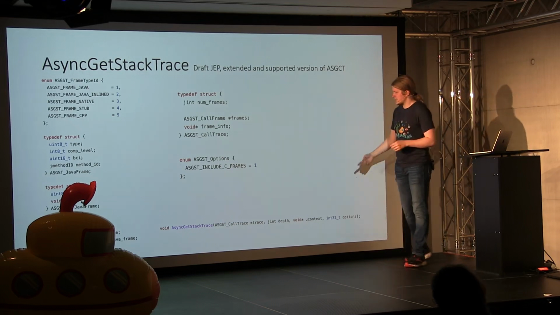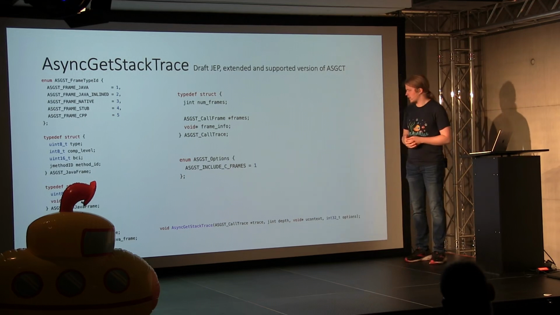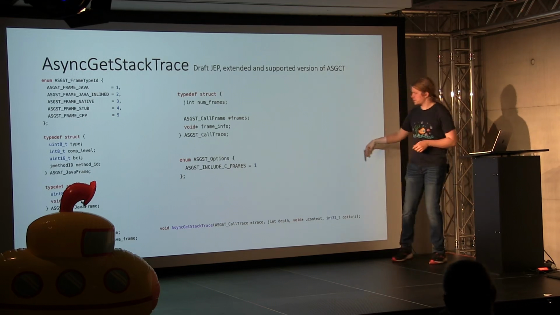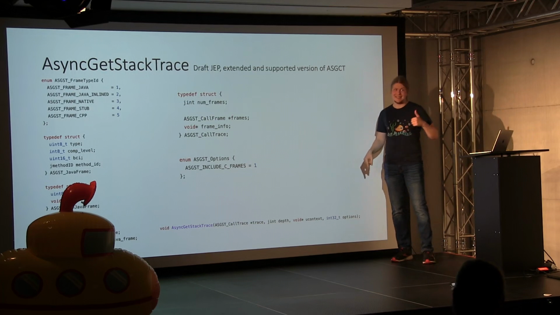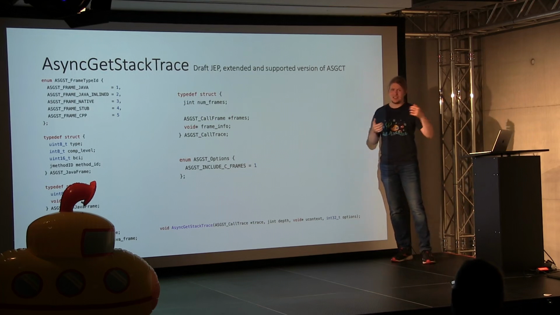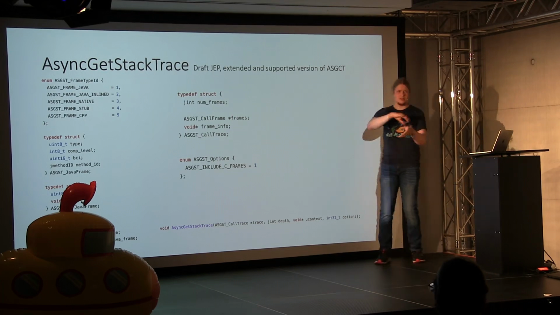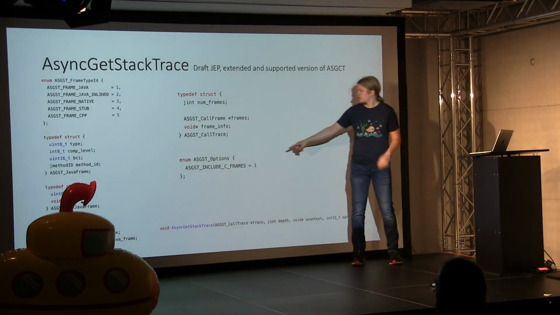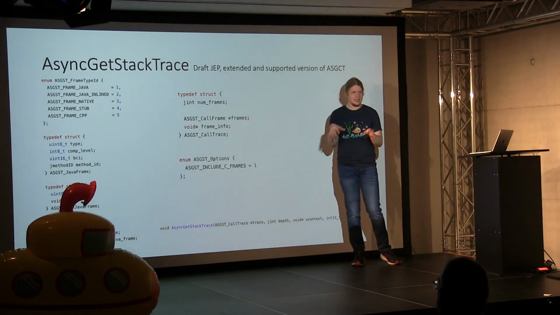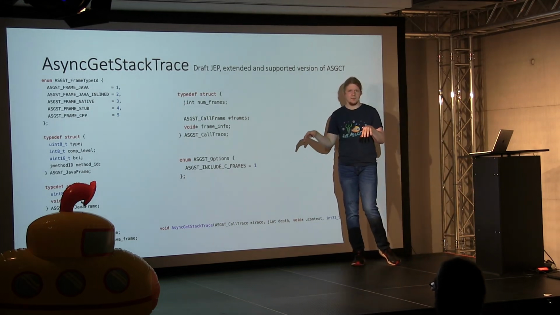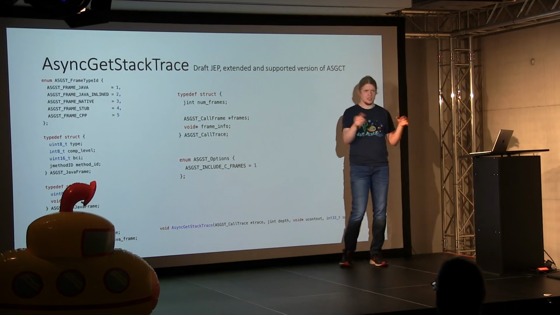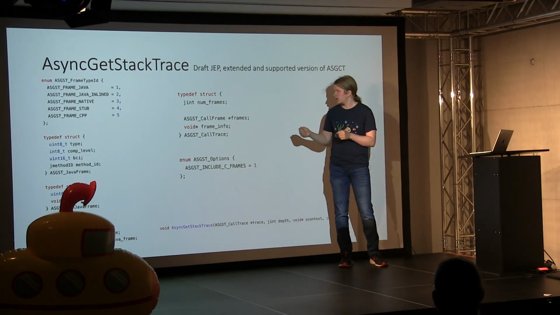It has an API quite similar to AsyncGetCallTrace, with the only exception that you pass in an option here, so we can extend it later, because this is what AsyncGetCallTrace misses. We cannot add information like, please include these frames or not. Currently, there's only one option: include the C frames that AsyncGetCallTrace before just skipped.